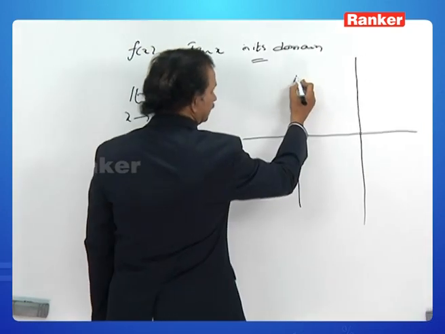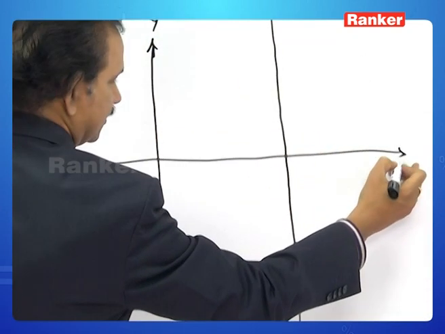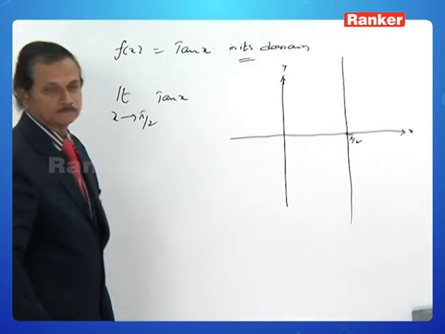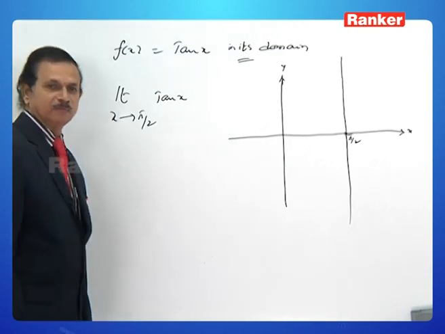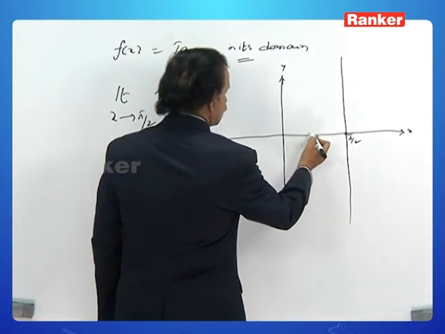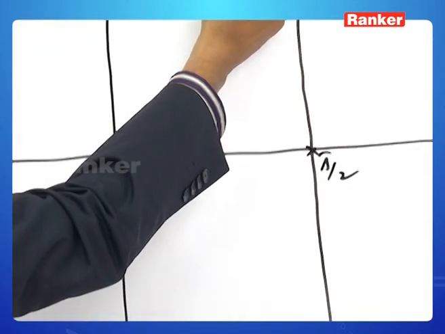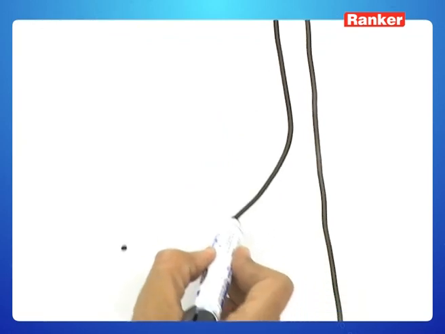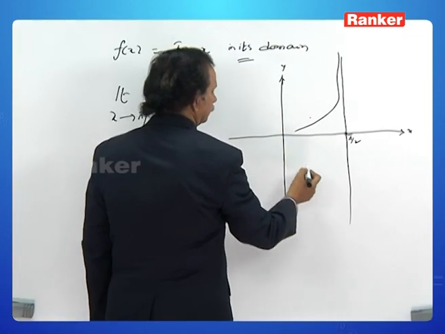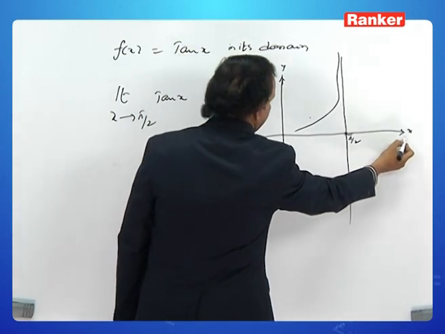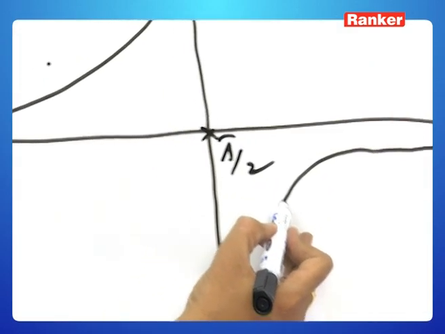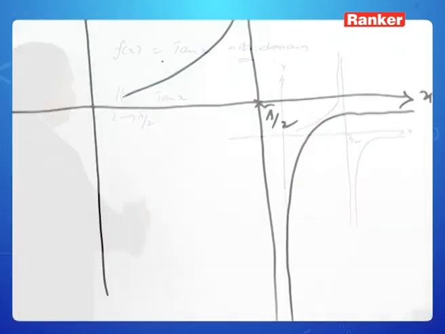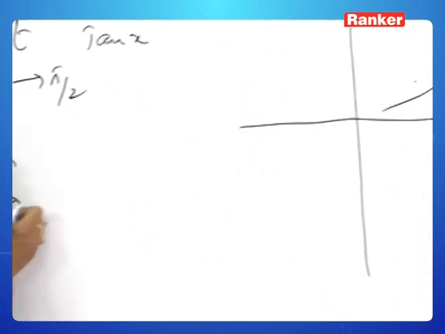This is the y-axis, this is the x-axis. Let me call this pi by 2. Limit as x tends to pi by 2 from left.